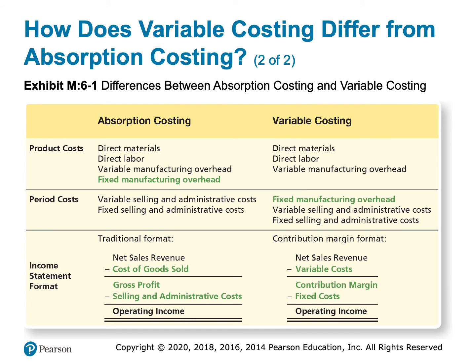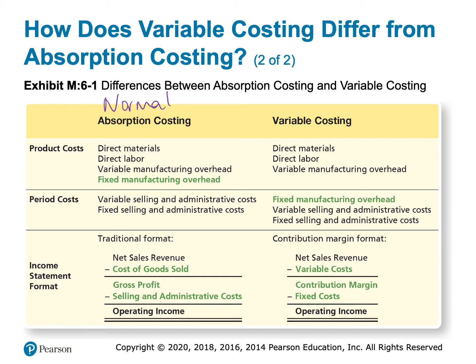So again, under absorption costing, this is our normal costing. You can see our income statement is our normal income statement, where revenue minus cost of goods sold gives us gross profit, minus selling and administrative gives us operating income.